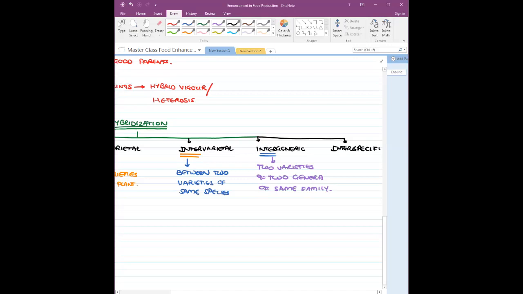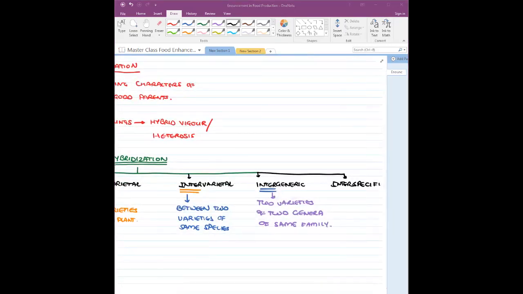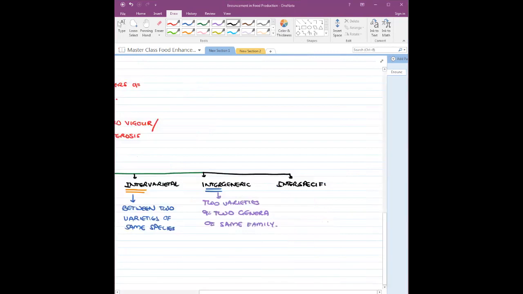Interspecific is the one which is between two organisms of the same genus. That is going to be your interspecific.